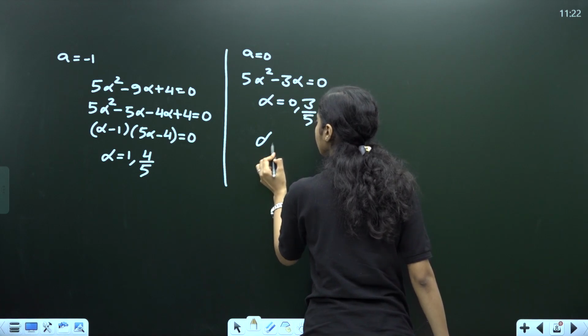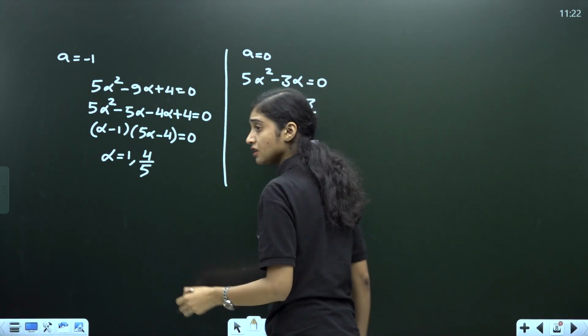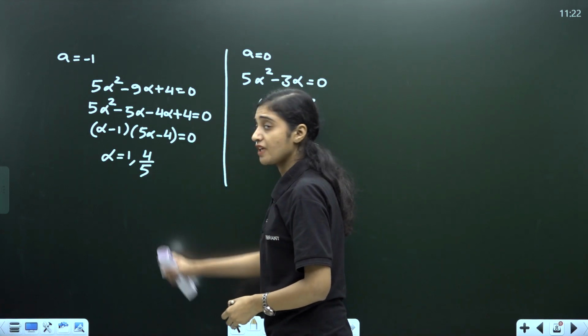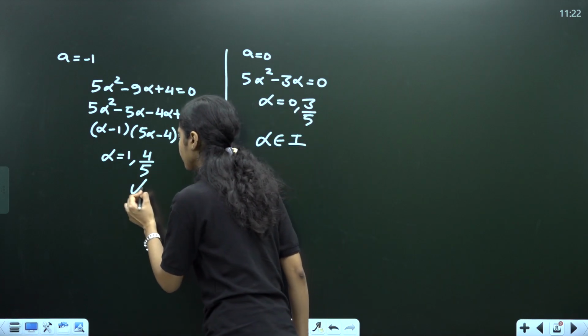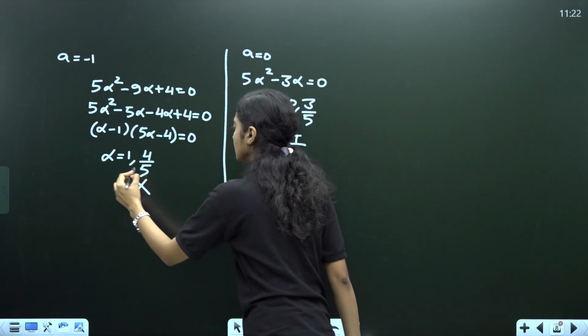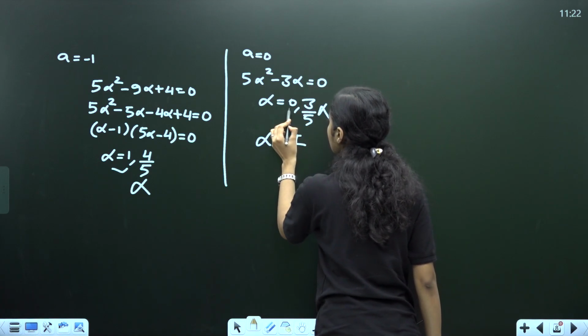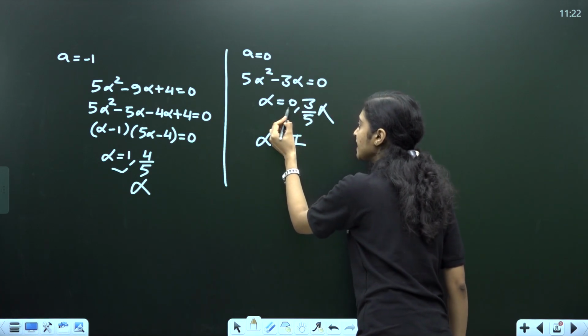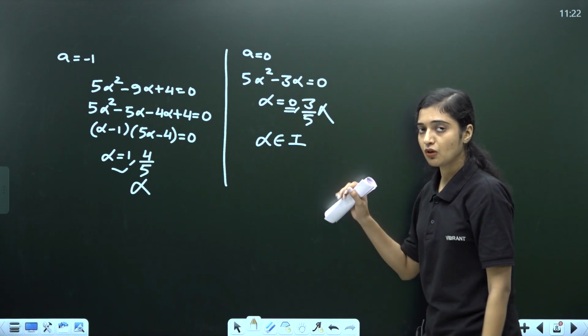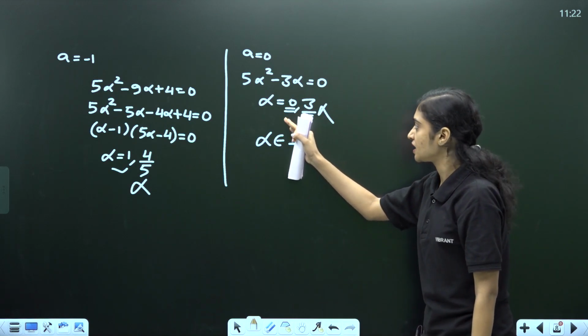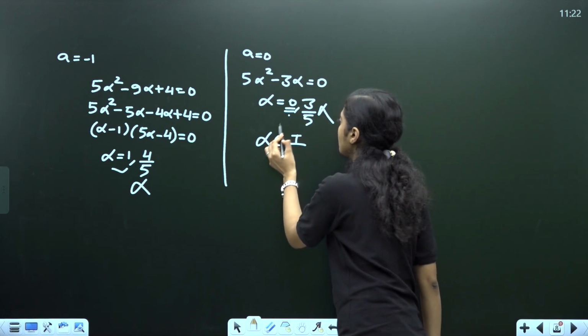Since alpha is also an integer quantity, for a, b, c, d to be integers, this fraction value is cancelled out, and this fraction value is also cancelled out. A, b, c, d are distinct. If we take alpha as 0, then all a, b, c, d become equal, so this value is also cancelled out.